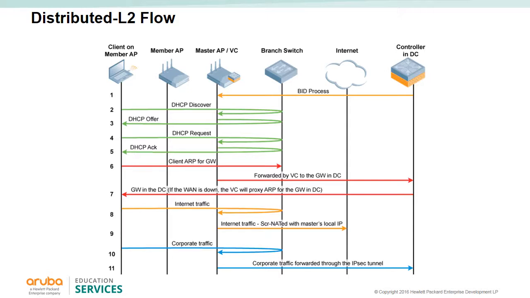The client gets a corporate IP address from the VC. All internet traffic is source NAT to the master VC's local IP address. Corporate traffic is sent down the IPsec tunnel to the controller. The VLAN specified in the IAP must exist on the controller, and the controller will be set up as the default gateway.